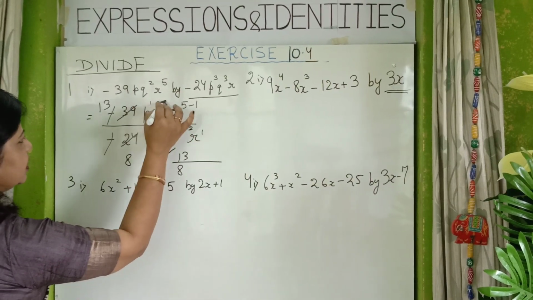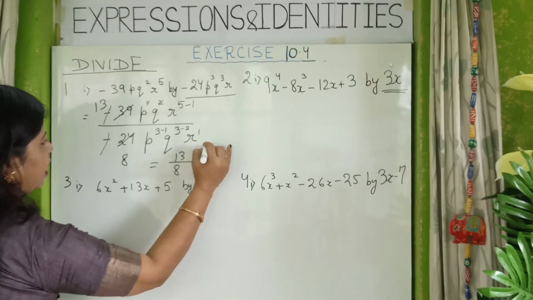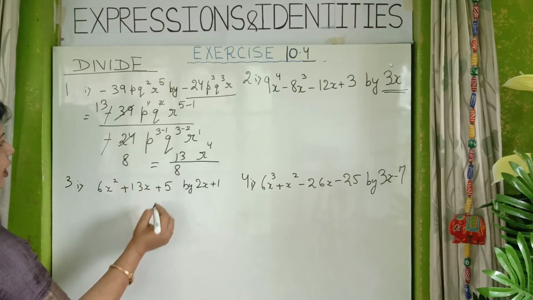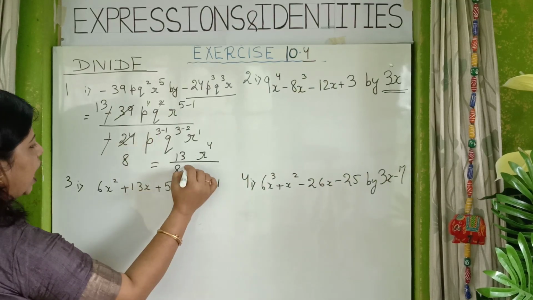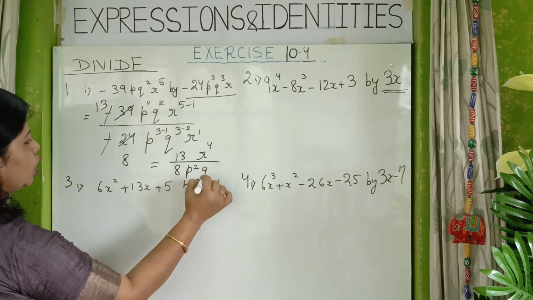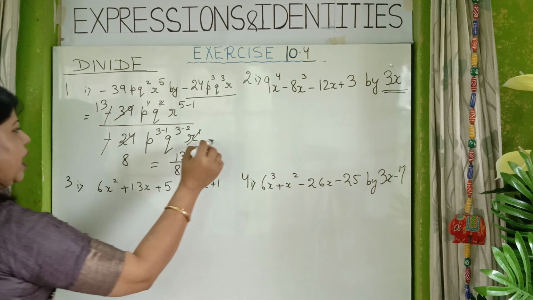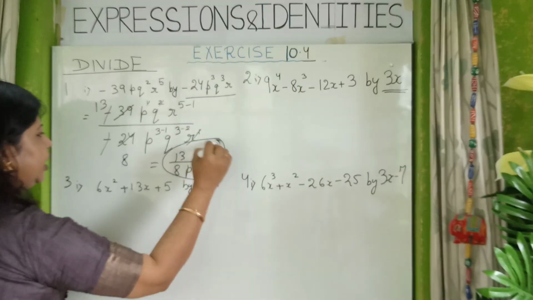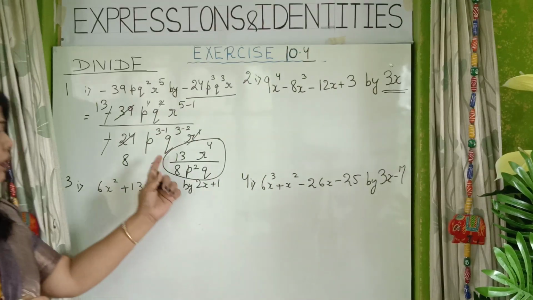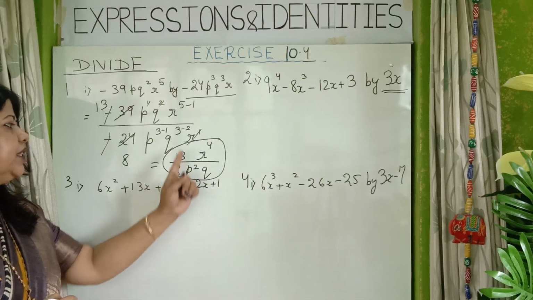Q, nothing on top. R, 5 minus 1, so r to the power 4. In the denominator, p 3 minus 1, so p square. Q 3 minus 2, so q. And r cancels off. So my answer is 13 r to the power 4 divided by 8 p square q.